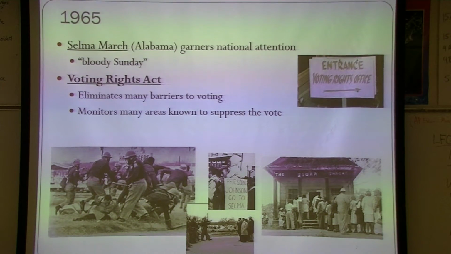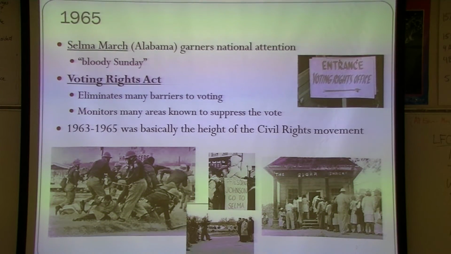In 65, the Voting Rights Act will be passed. It will eliminate many barriers to voting, in particular the literacy test. It'll have monitors in areas that were known to suppress the vote in the South as well as other areas, not just in the South. And again, this is where, for 63 to 65, the height of the civil rights movement, legal segregation will be ended, along with a lot of the voting barriers.